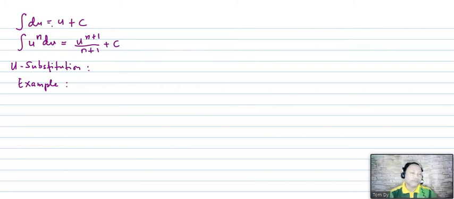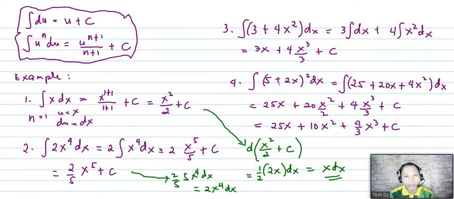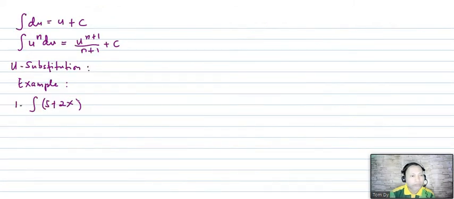Now, example number 1. A while ago we solved the problem of 5 plus 2x raised to 2 dx. So using U-substitution, we have to identify our u.